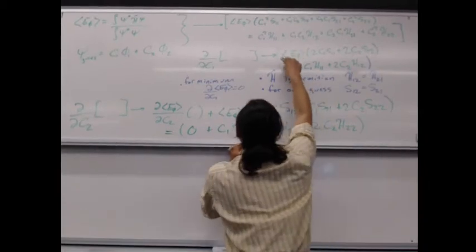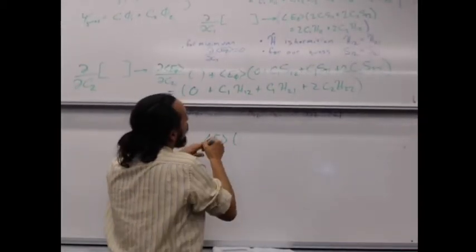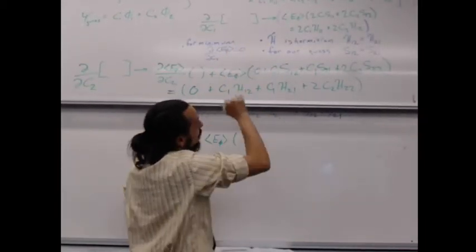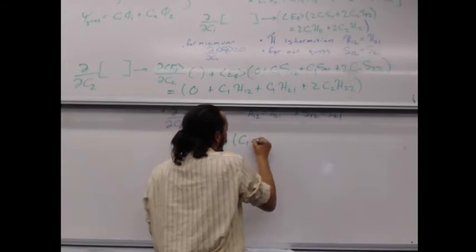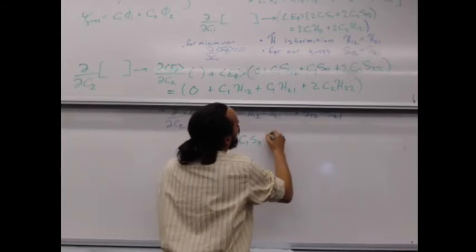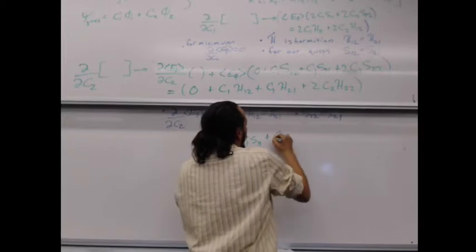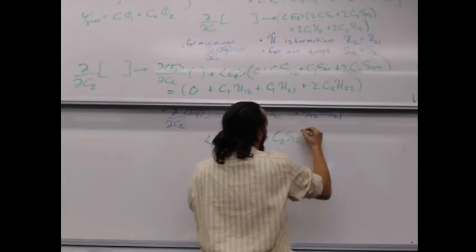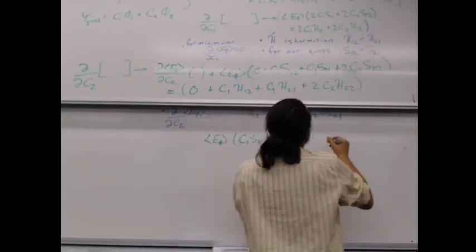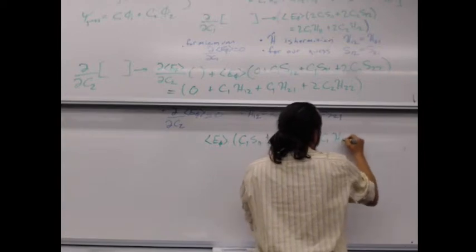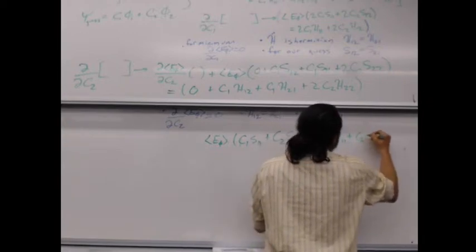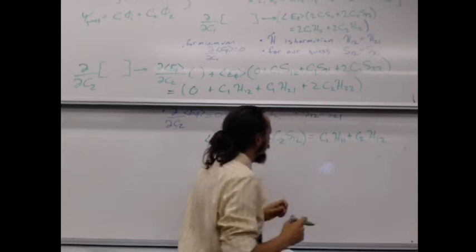So looking at just this first equation, the equation with respect to C1, I'm going to have a C1 S11 plus a C2 S12 equal to C1 H11 plus a C2 H12.